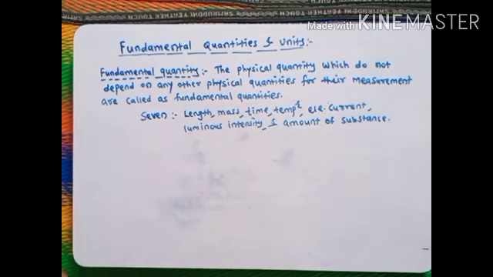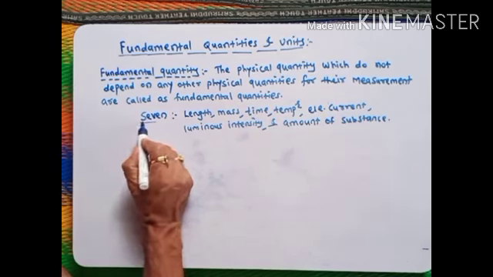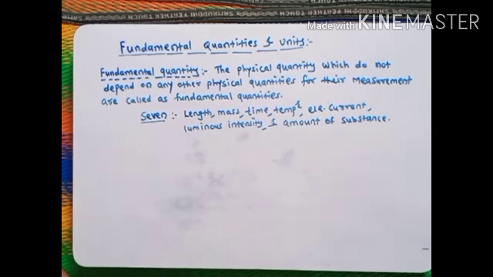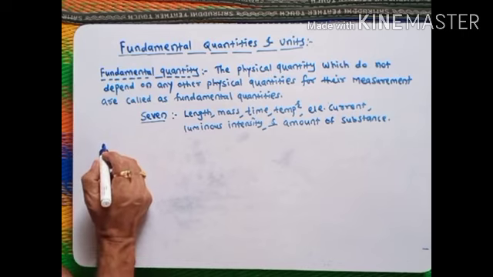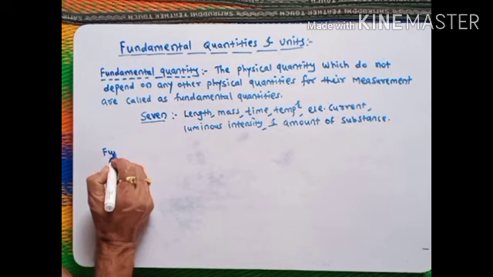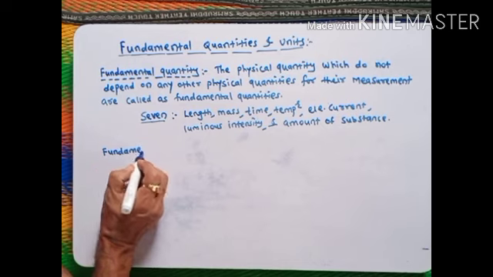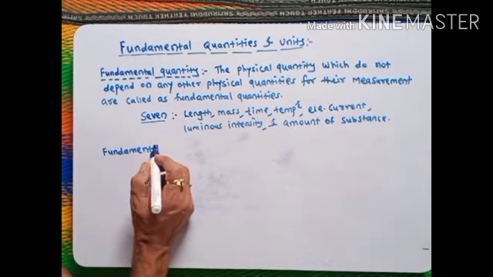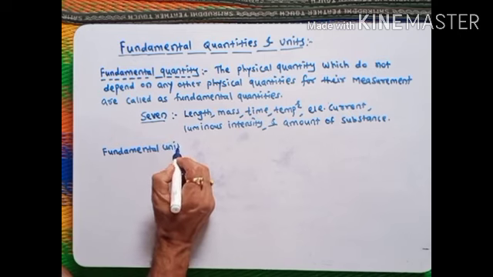There are seven fundamental quantities: length, mass, time, temperature, electric current, luminous intensity, and amount of substance. These are called the seven fundamental quantities. Now we consider the next thing, fundamental units.